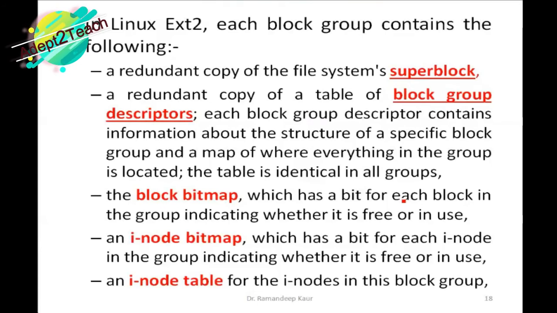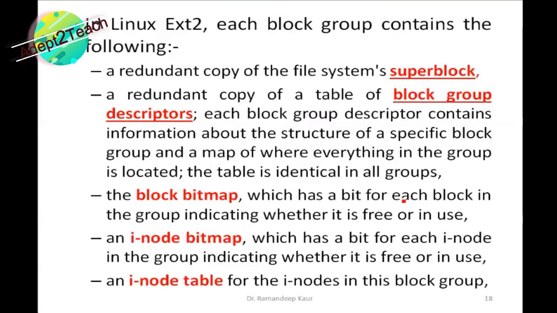From there you will find the next super block details and you will get the block group descriptors. These two store the details of all the block groups that are available. So if your system fails, you can go here and recover your system. This is why these two things are replicated in all the groups.